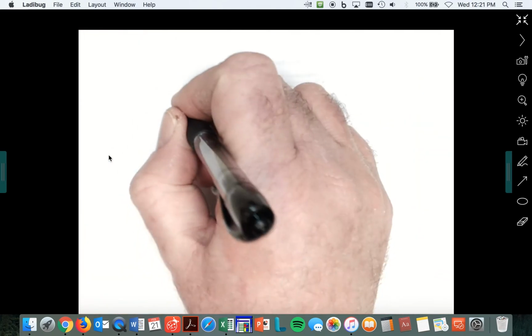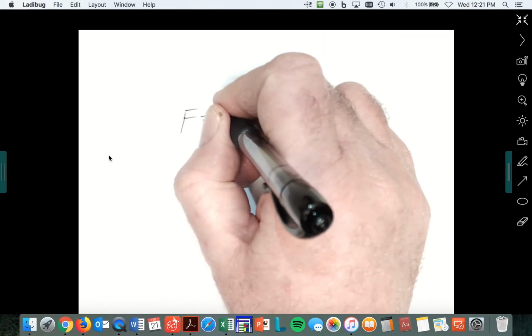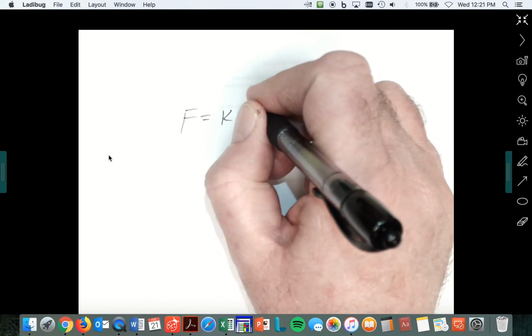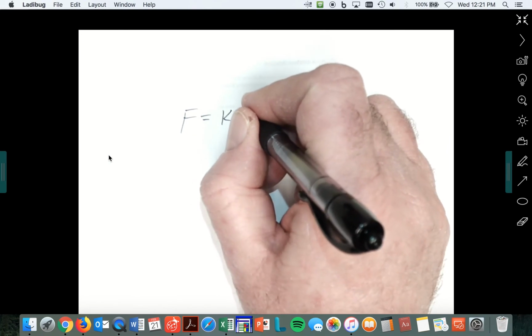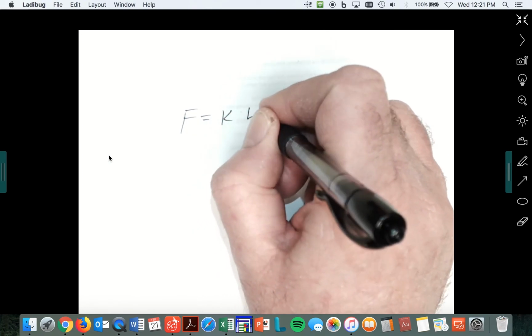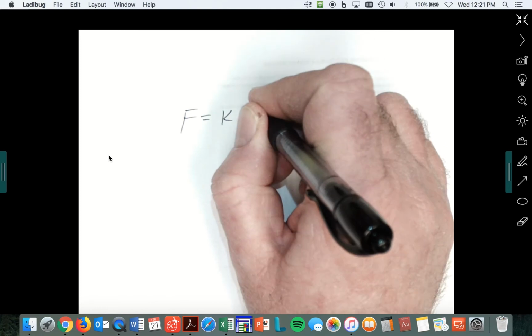So here's what we've got. Hooke's law says F equals the force constant, or spring constant, k times L1 minus L naught.